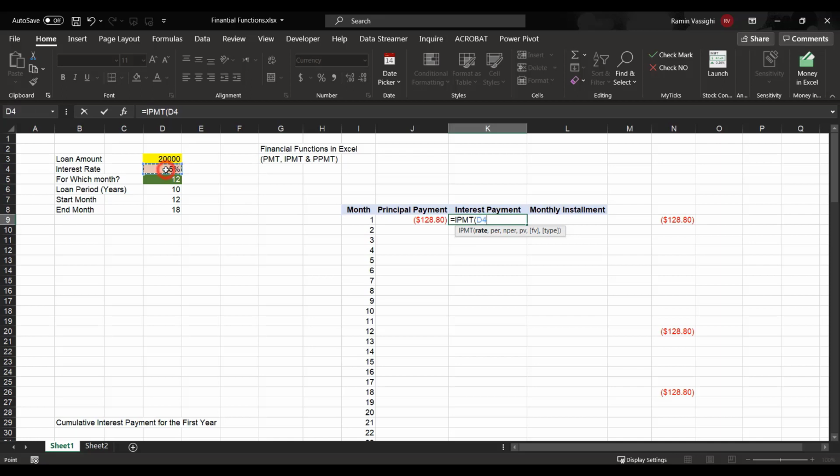Therefore, you're using your rate divided by 12, comma, your first month, number of payments, multiply that one by 12, and then you have your loan amount, comma, and then you have your future value, which we don't care about, but we are paying at the end of the period, and close parentheses, enter.